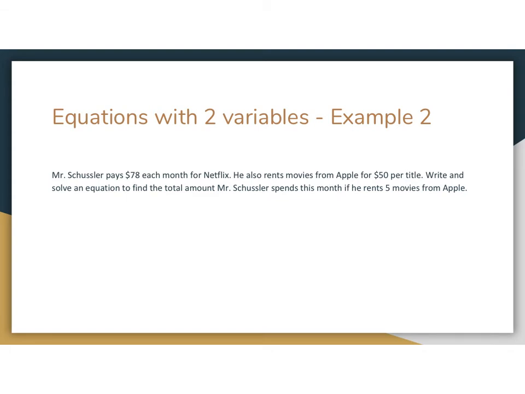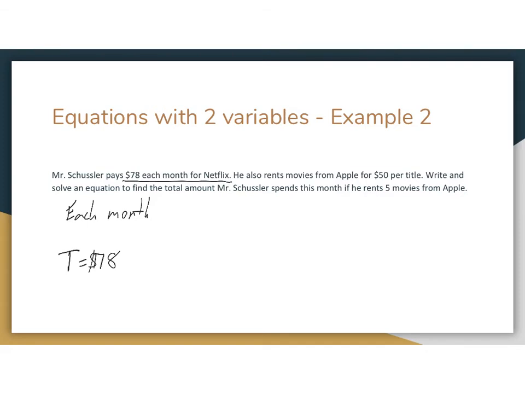Now let's solve this together. So first, let's find our information here. Mr. Schuessler pays $78 each month for Netflix. So that is a flat rate. So each month, we'll use T as our total price. $78 for Netflix.